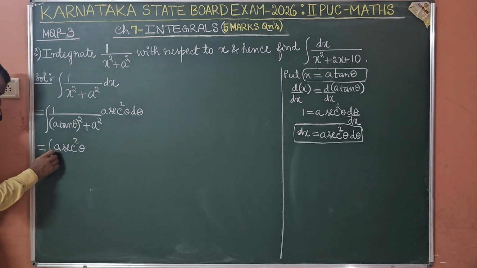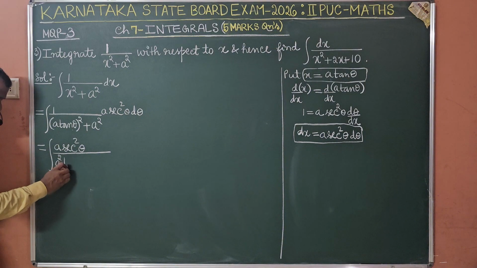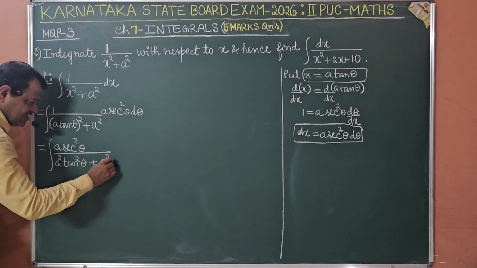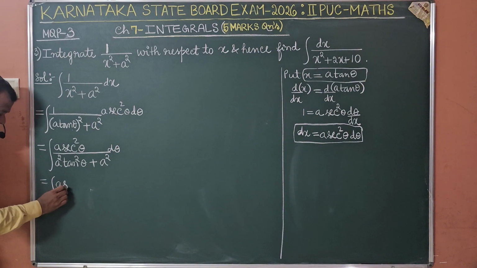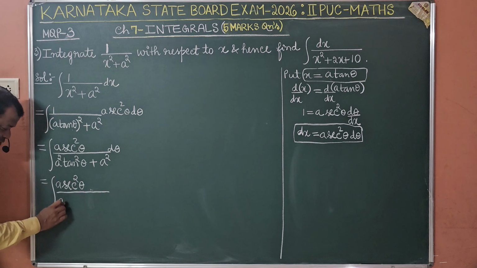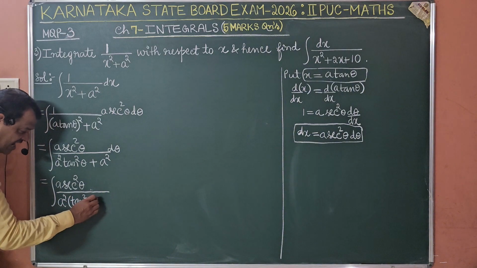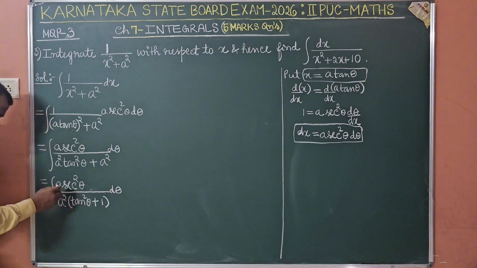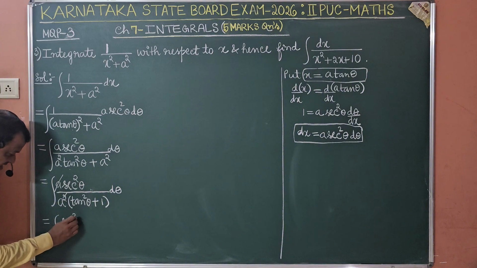A secant square theta by, look at the denominator, a into tan theta whole square is a square tan square theta plus this a square as it is, last d theta as it is. Now I will take this a square common in the denominator, numerator as it is. So a square common from the first term, tan square theta remaining, and from the second term, if you take a square common, 1 remaining, d theta.